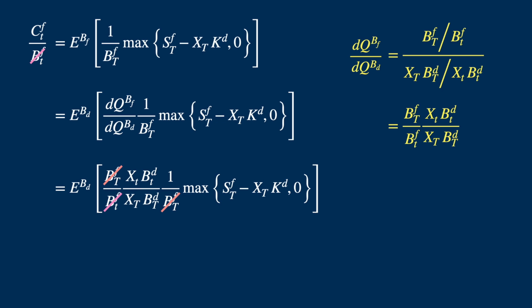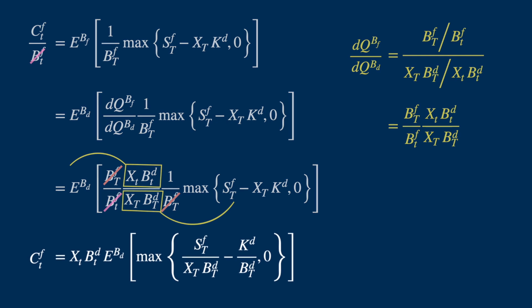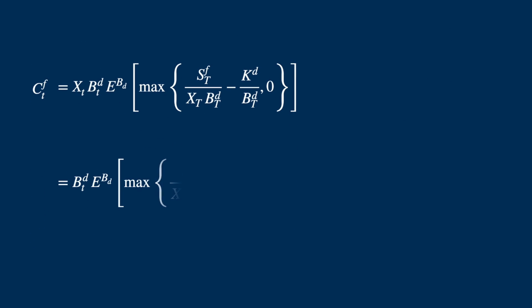And the values that are known at small t, we can take them out of the expectation, and what will become known at maturity, we take them inside the maximum. And if we shift the exchange rate to the left hand side, then we will have the option value in terms of the domestic currency. So you can see the expectation has simplified, or at least has changed.